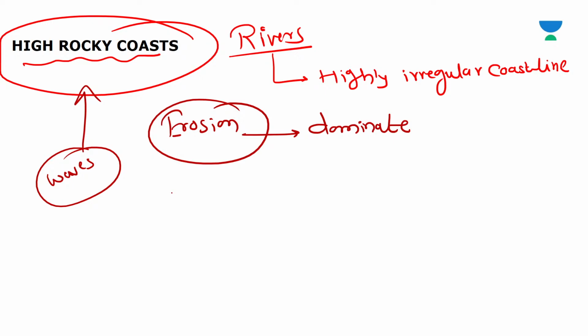After a considerable period of cliff development and retreat, when the coastline turns somewhat smooth, with the addition of some more material to this deposit in the offshore, a wave-built terrace would develop in front of the wave-cut terrace.